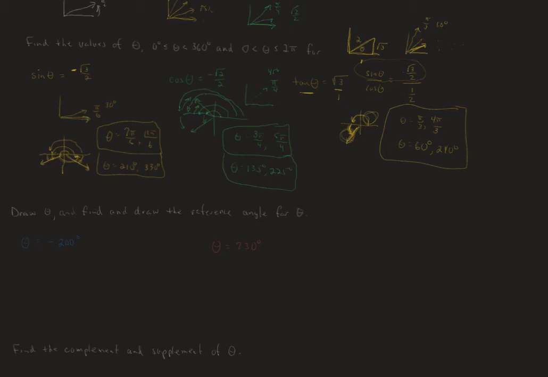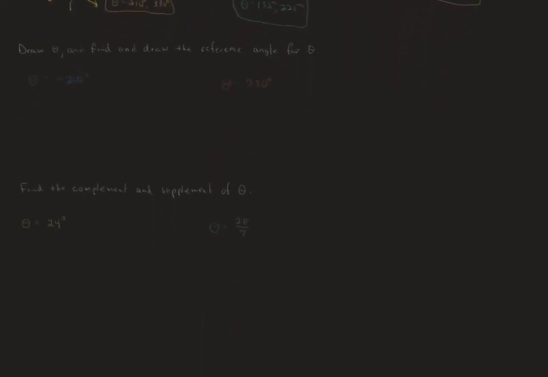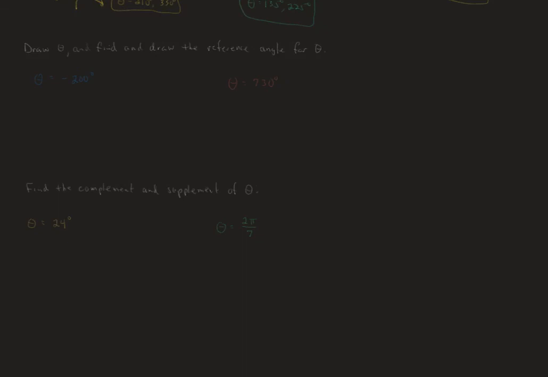All right. Let me slide this up a bit. See if we can draw an angle theta and also find and draw its reference angle. So a 200-degree angle is going to go clockwise. So we're going to go, there's 90, there's 180, and another 20 is going to take us to, I'm going to put a little arrow on there.